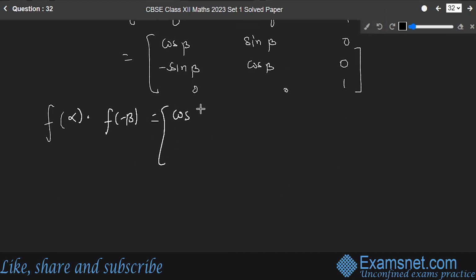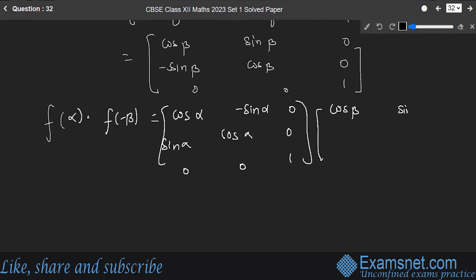Let's write down. You have cos alpha, minus sine alpha, 0, then sine alpha, cos alpha, 0, 0, 0, 1. Let's multiply this with cos beta, sine beta, 0, minus sine beta, cos beta, 0 and 0, 0, 1.